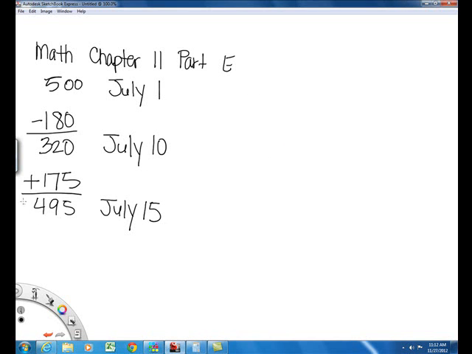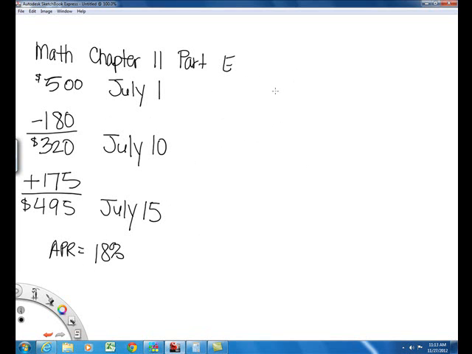And that amount, $495, is the amount that was in effect on the last day of the billing cycle. It tells us also that an annual percentage rate of 18% is applied.